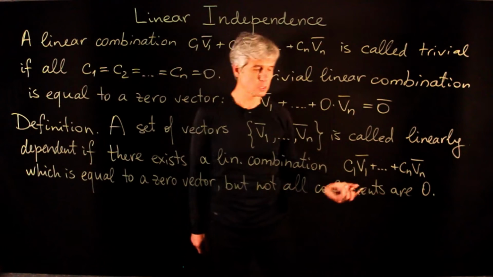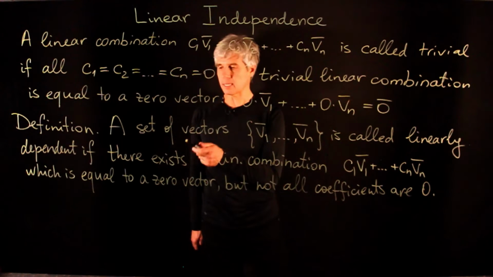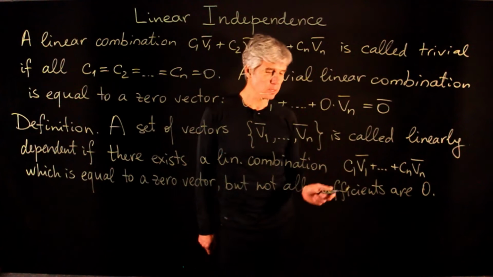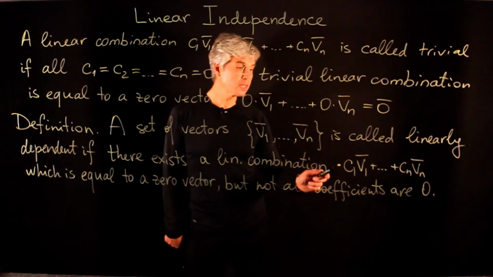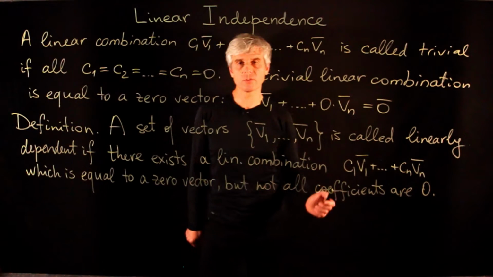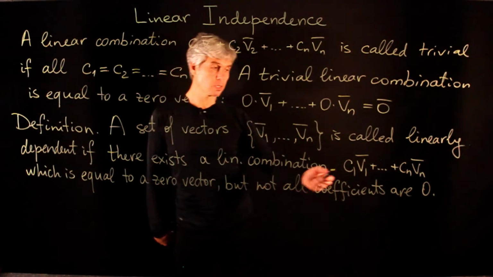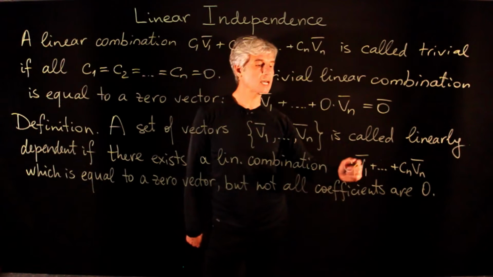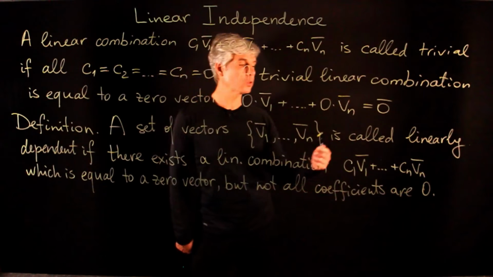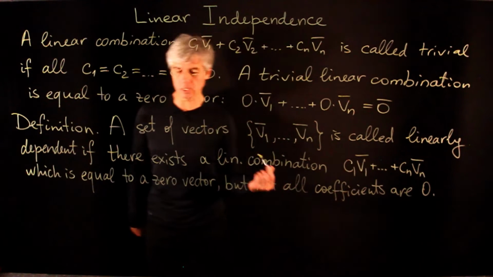So in other words, a set of vectors is called linearly dependent if there exists a non-trivial linear combination of these vectors which is equal to a 0 vector. Right? So in this non-trivial linear combination, some of the coefficients are allowed to be 0. What's important is that not all of them are equal to 0.